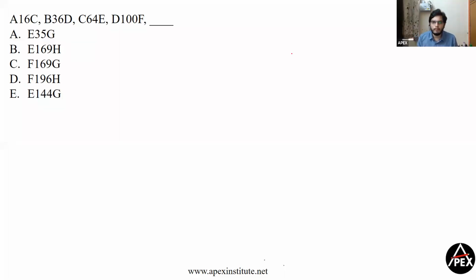Squares of numbers. Sum of the numbers corresponding to alphabets. So 4 and 6. 4 plus 6 is 10. 10 square. So the answer for this question should be E144Z. Easy question. Try to solve it. Okay, now let's move to next question.